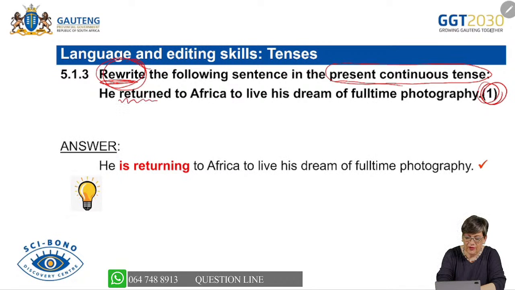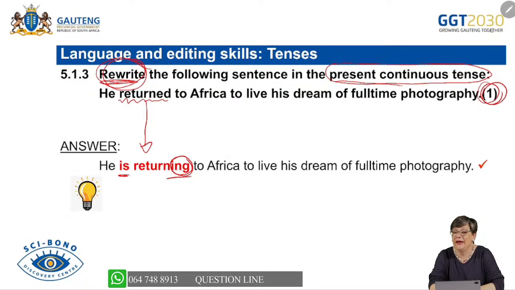Here's our verb, returned, and we changed it to he is, because he's singular, returning. Why? Because it is the present tense and it is the continuous. And continuous tense always uses an ing. Can you see how easy that is?